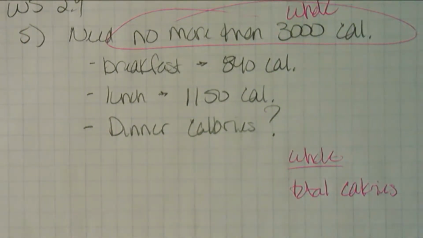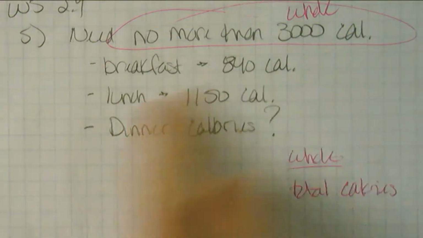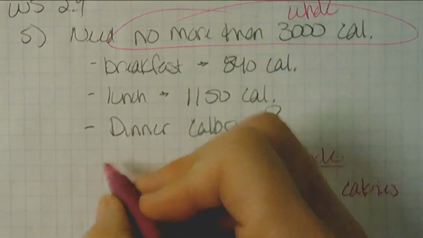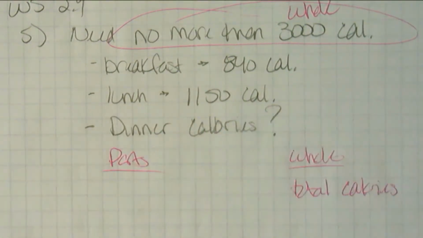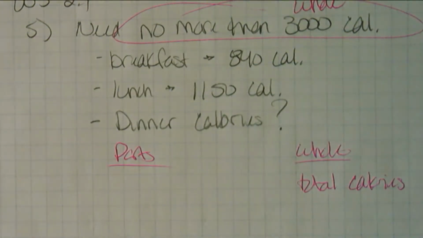Now I'm going to go back and see what makes up those calories. Well, I have breakfast, lunch, and dinner. That's basically what makes up the calories. If you're thinking, I'm going to take the total number of calories and just subtract off the breakfast, subtract off the lunch, you need to stop and say, okay, the number that I'm starting to subtract from, that's your whole.